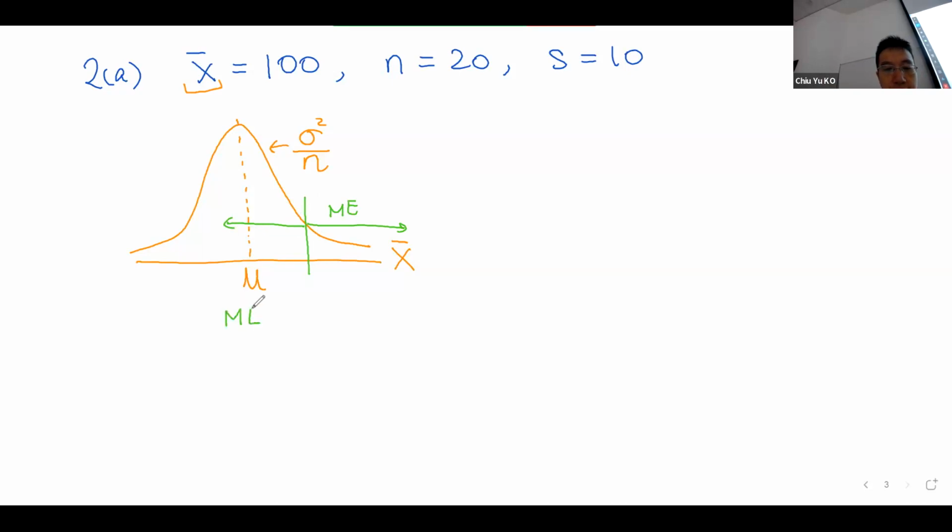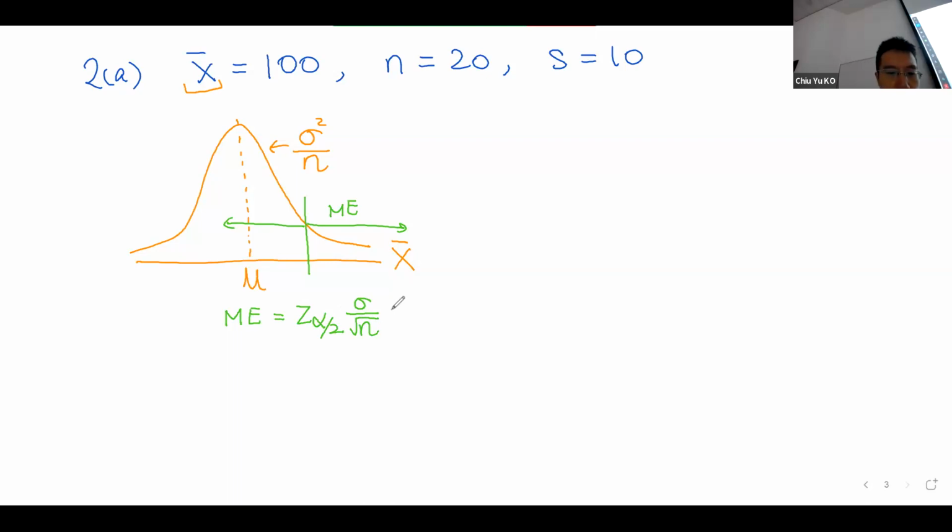If we know sigma, it will be Z alpha over 2 times sigma over root n. That is how we would do it if we know sigma. Since sigma is known, this is a normal, so we can use Z.